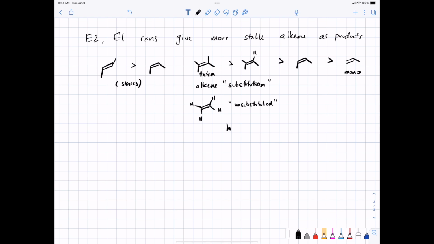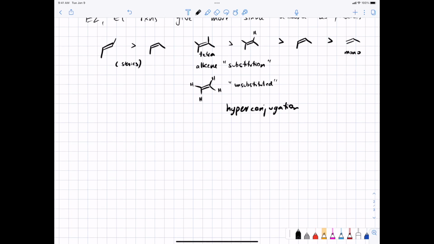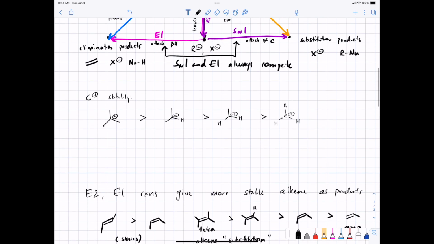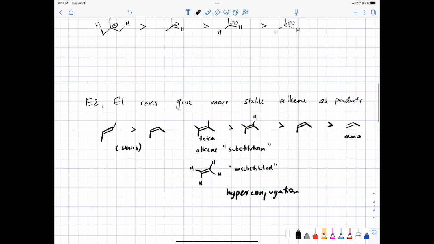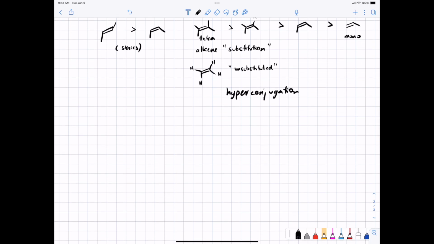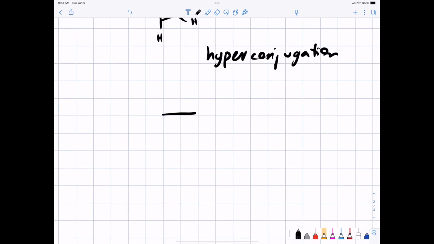I'll give you a hint: the answer is hyperconjugation. It follows carbocation stability trends pretty well. Remember, the issue with carbocation stability is that the more adjacent beta protons you have, the more they can donate into the LUMO, which is the empty p orbital. Same thing is true for the alkenes. Let's draw a monosubstituted alkene, and we'll draw it laying on its side.